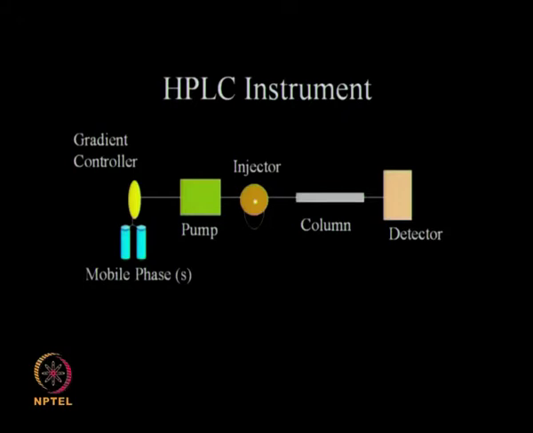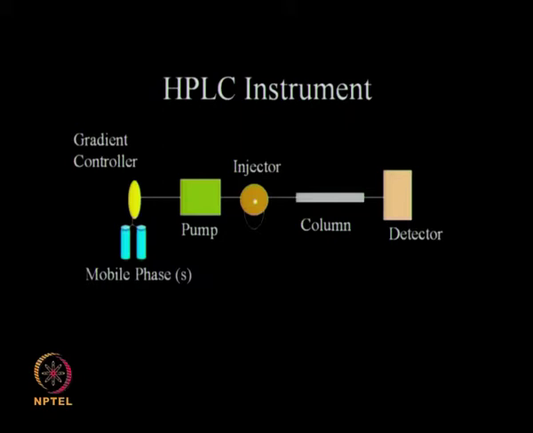Now a typical setup, I talked about it in the previous class. You have a reservoir for the mobile phases, and then we have the pump. There could be two types of approaches, one is isocratic and the other is gradient. In an isocratic we are using only one solvent, so generally you will require only one pump, whereas in a gradient system we may be using two or more solvents.